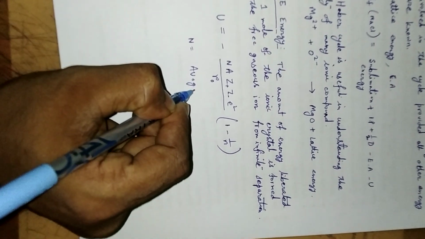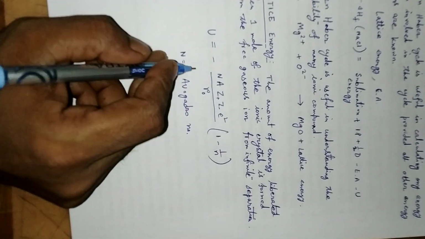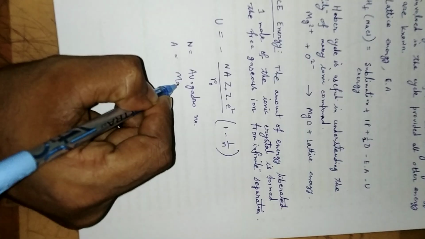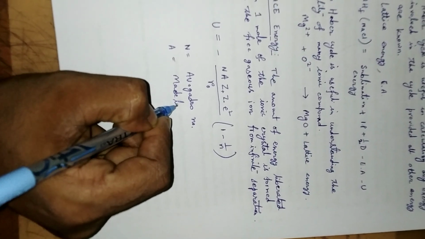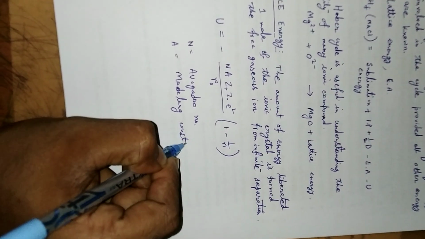N is Avogadro number. A is called Madelung constant.